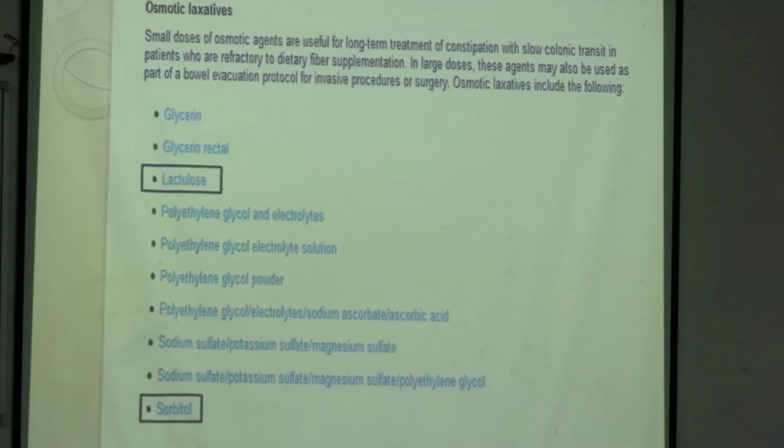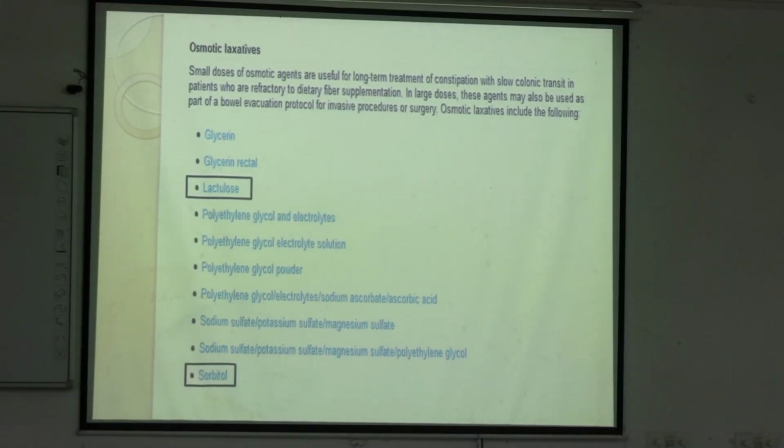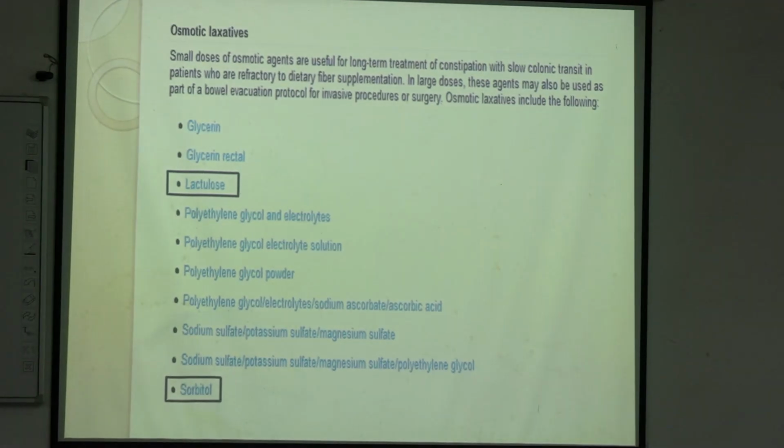Okay, now this higher osmotic effect property is used in osmotic laxatives. What is laxative? Stool softeners. So the property of osmotic agents is used for the laxative effect.